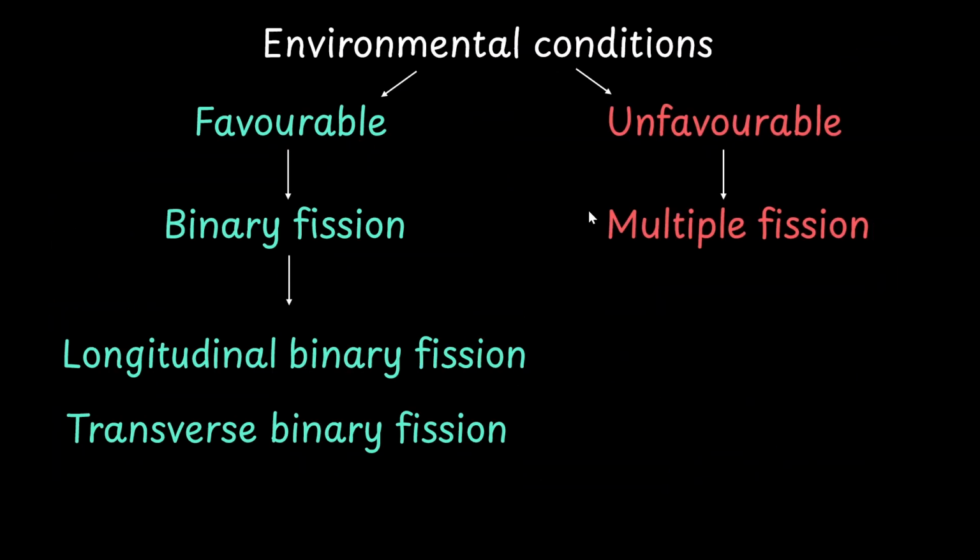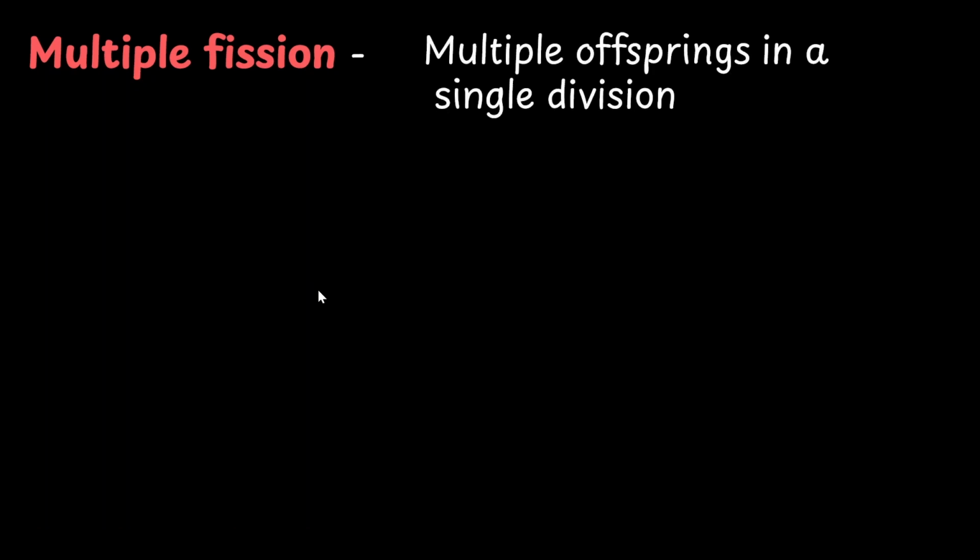We have been discussing the binary fission that occurs during favorable conditions, right? Now we look at asexual reproduction during unfavorable conditions, which is multiple fission. In multiple fission, multiple offspring are produced in a single division of the parental cell. During unfavorable conditions, the organism actually doesn't divide.